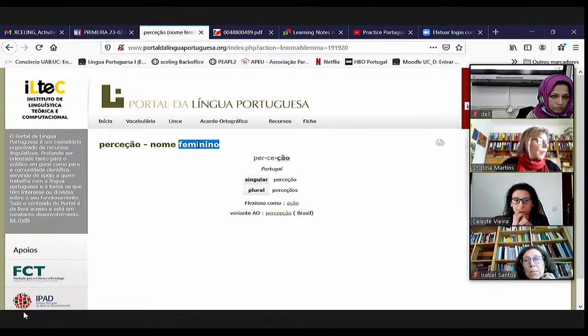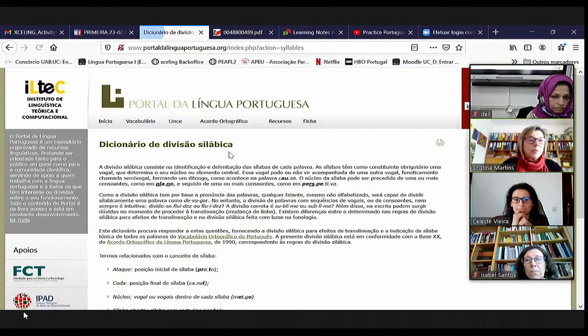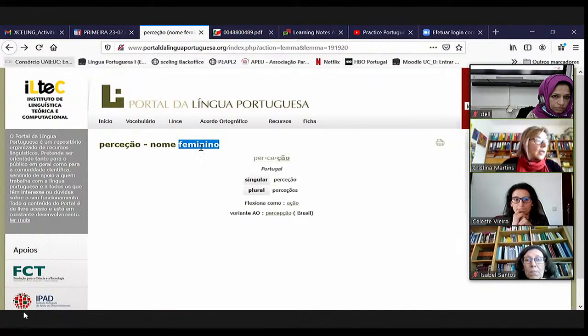We have information for gender value. We have information regarding syllable structure, and this links to general information regarding syllable division in Portuguese. We have information for inflected forms of singular and plural, and even for inflectional paradigms.